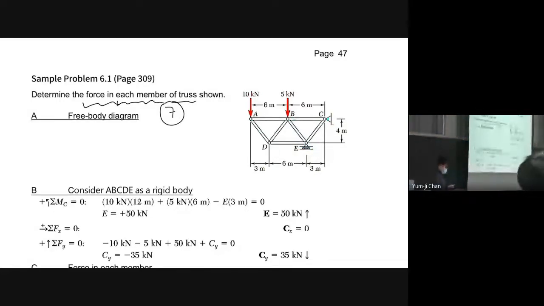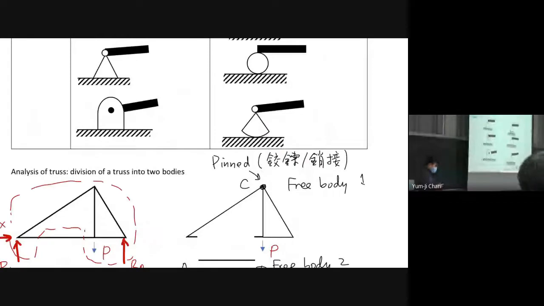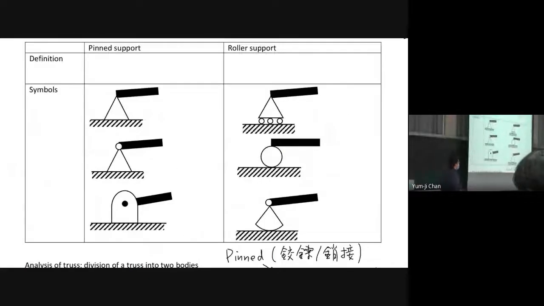I go to the notes I gave you today, and let's have a look at the 2 most common supports we have in statics, in mechanics.